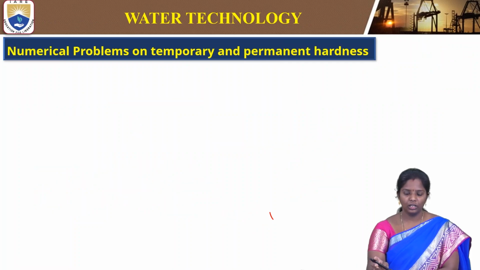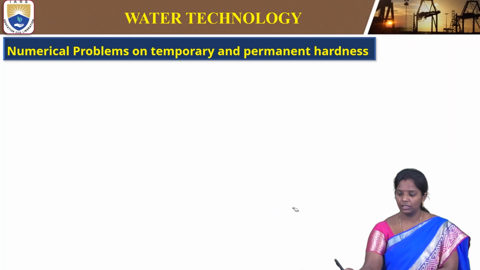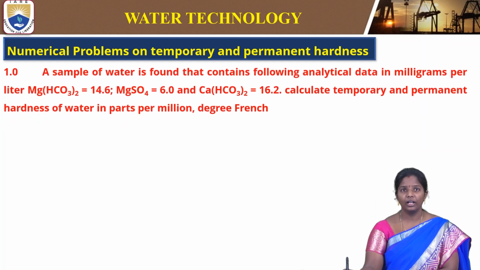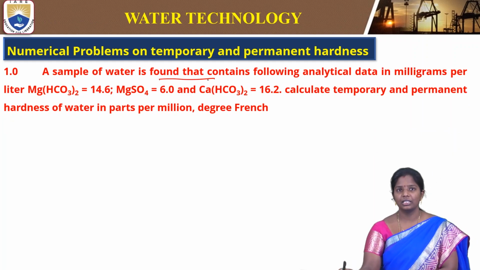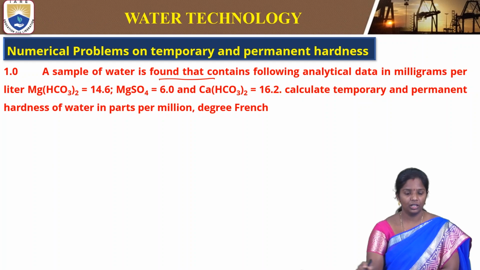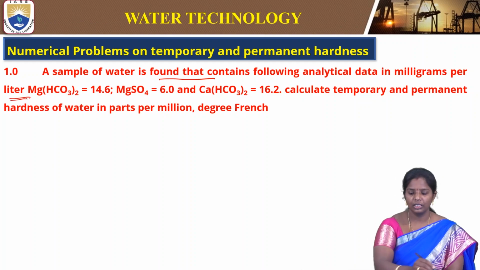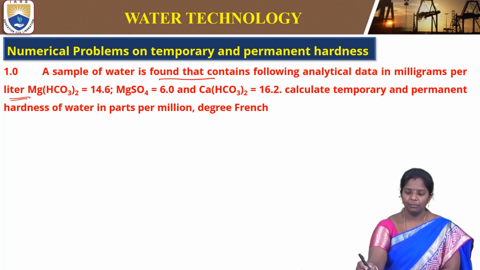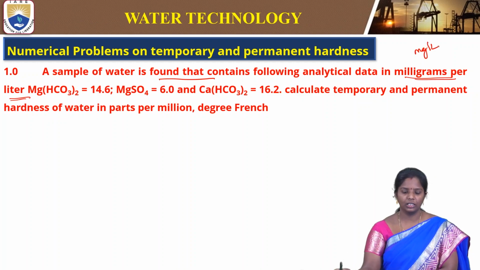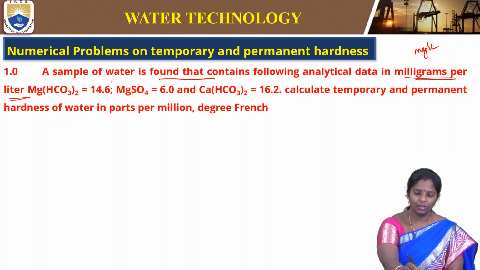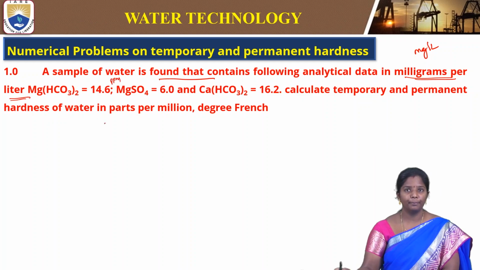So let us jump into the problems, the actual problems we'll be dealing with on hardness. A sample of water is found to contain the following analytical data in milligrams, where one liter of water is taken. So milligrams per liter is nothing but ppm. All the values are in ppm or milligram per liter.